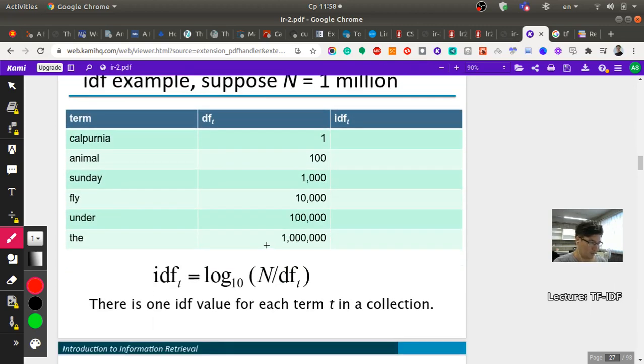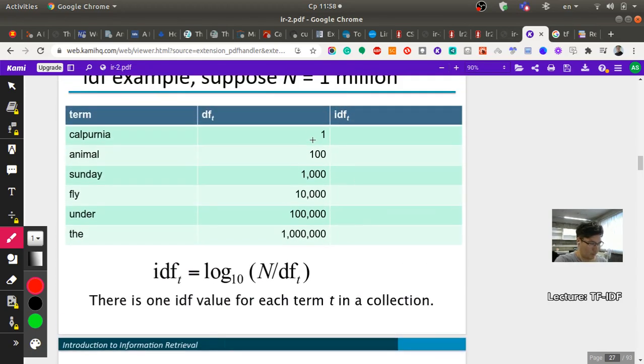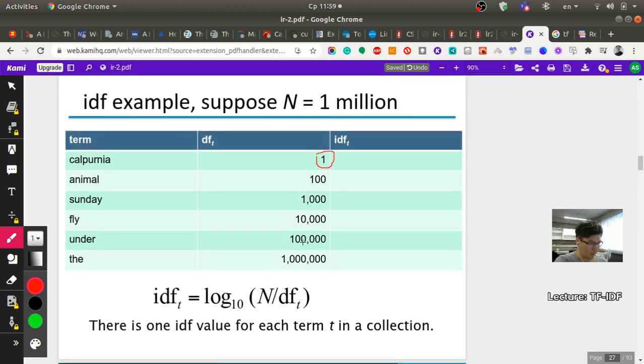For example, Calpurnia is met only once, the document frequency. So you divide the number of documents, 1 million, by 1, so it will be 1 million, and you take the logarithm of a million. It is 6. Yes, 6. This will be 4, 3, 2, 1 and 0.